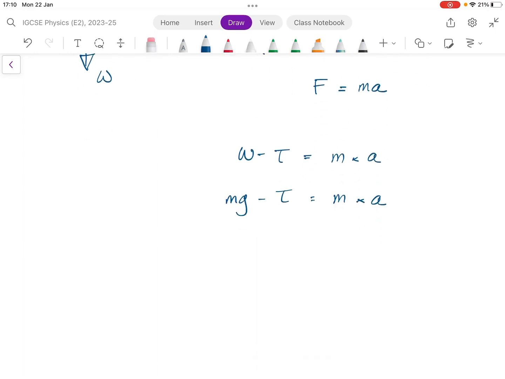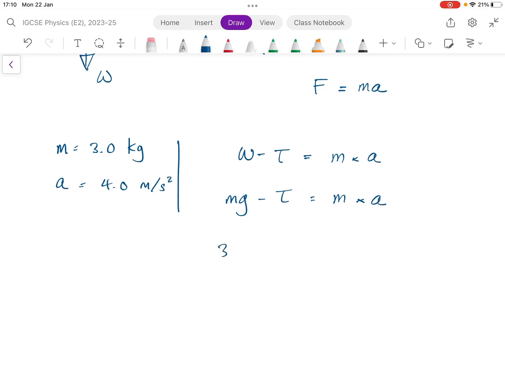So let's plug in the values. So right now the mass is 3 kg, and the acceleration is 4 meters per second squared. Plug the numbers in.